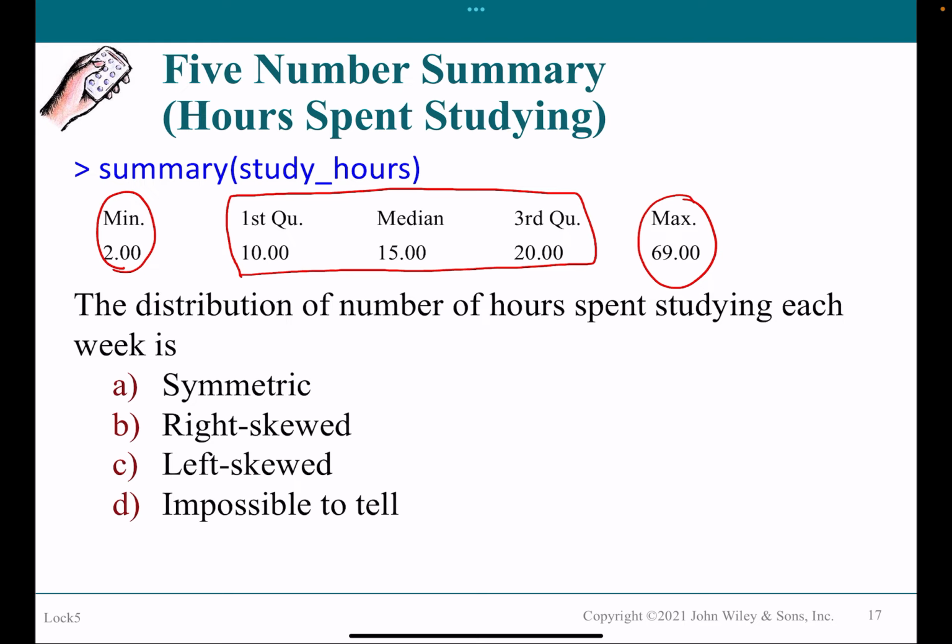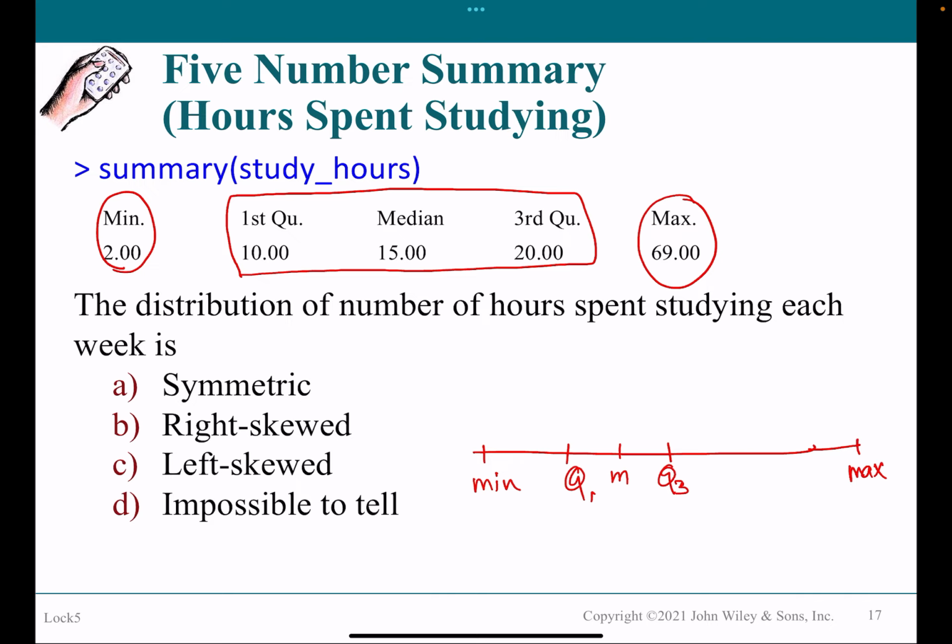You can see the minimum right here, maximum right here, and first quartile, second quartile, third quartile: Q1, median or Q2, Q3.